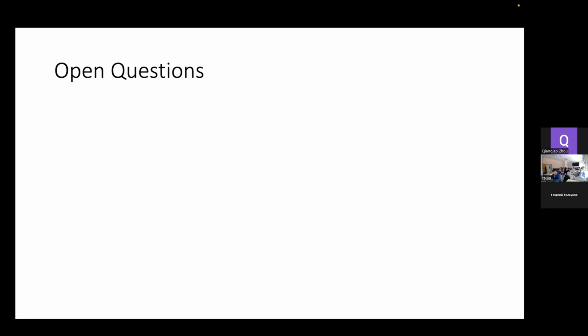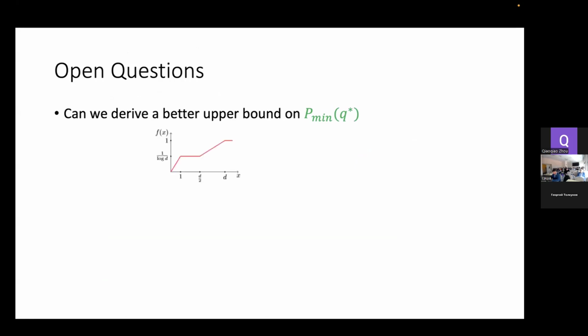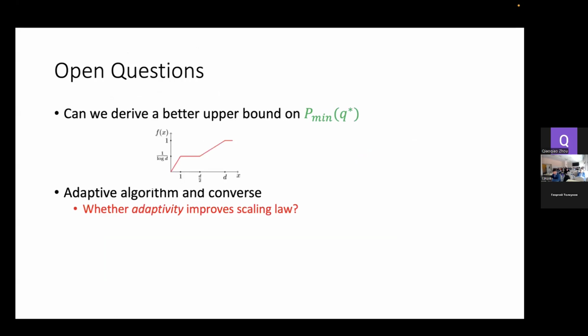In our paper, we also propose some open questions. Currently, we didn't provide a good upper bound on the P_min. We simply upper bound it by 1. Can you derive a better upper bound? Also, currently for generalized group testing, we only studied non-adaptive testing schemes. So the question arises: for adaptive algorithms, will it improve the scaling law?